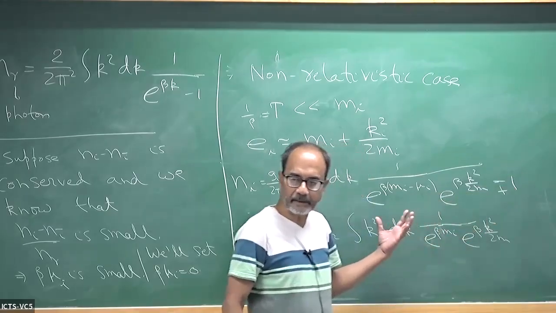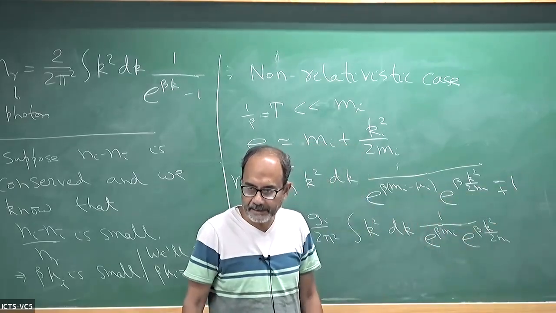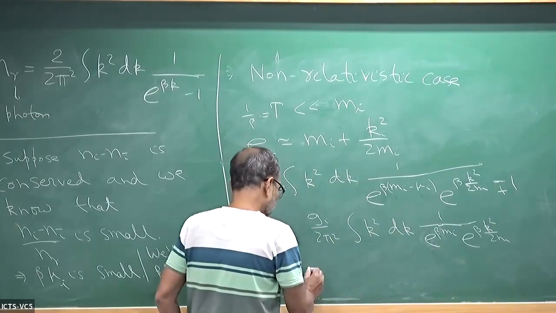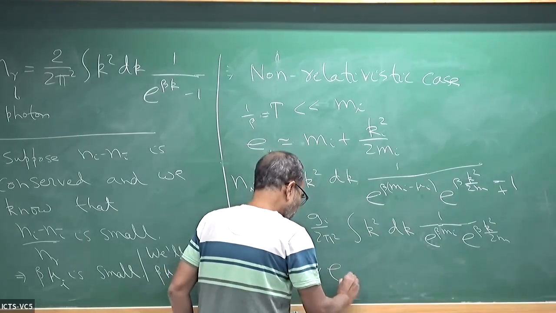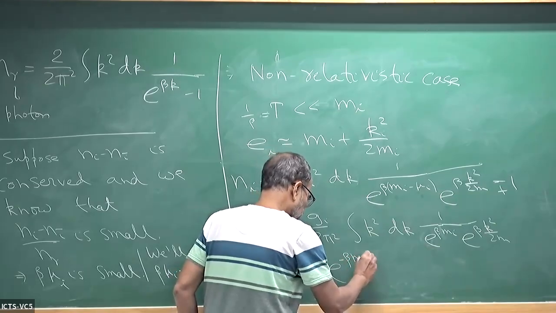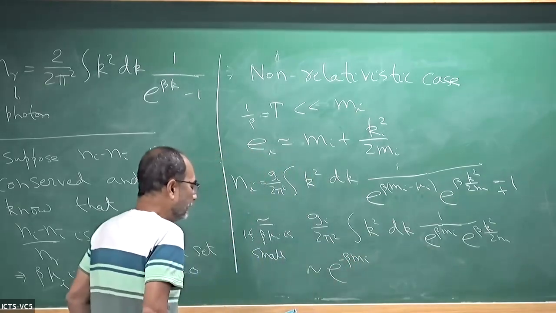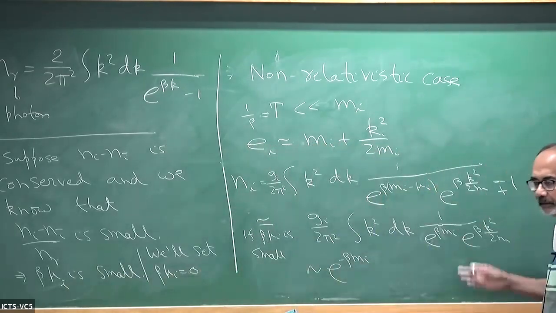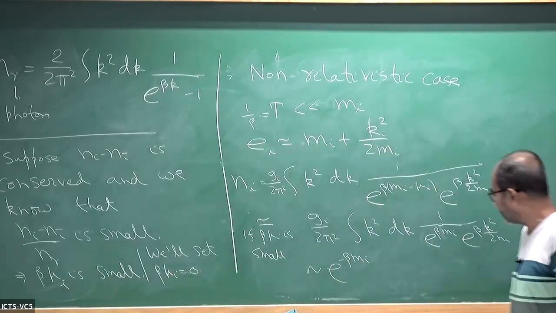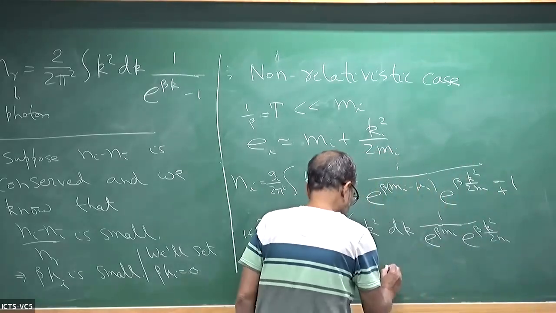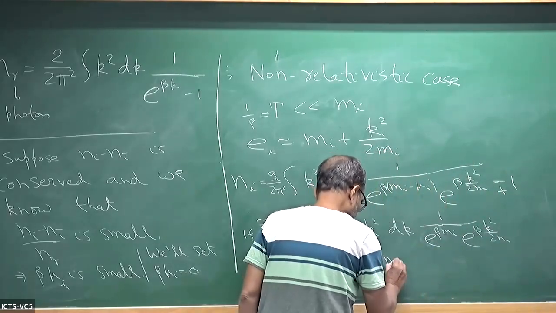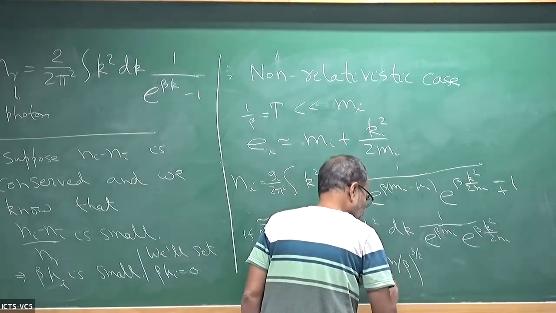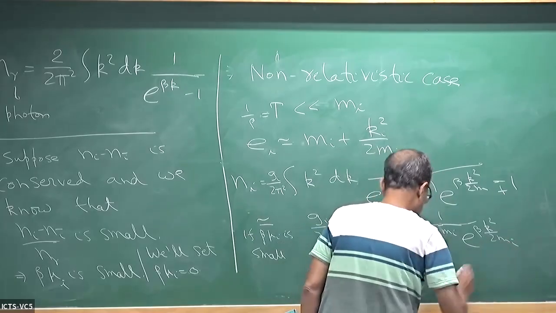It basically becomes the standard Boltzmann statistics. This is a Gaussian integral, which gives you e to the minus beta M_i, and you can do this integral exactly. But roughly it becomes, with the mass factor, M_i over beta.